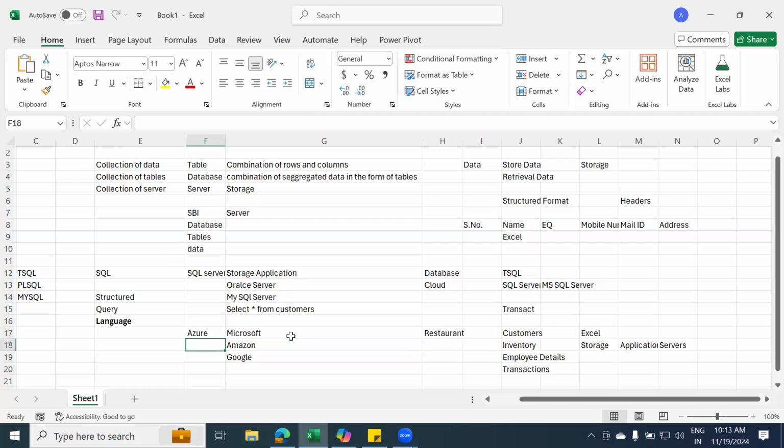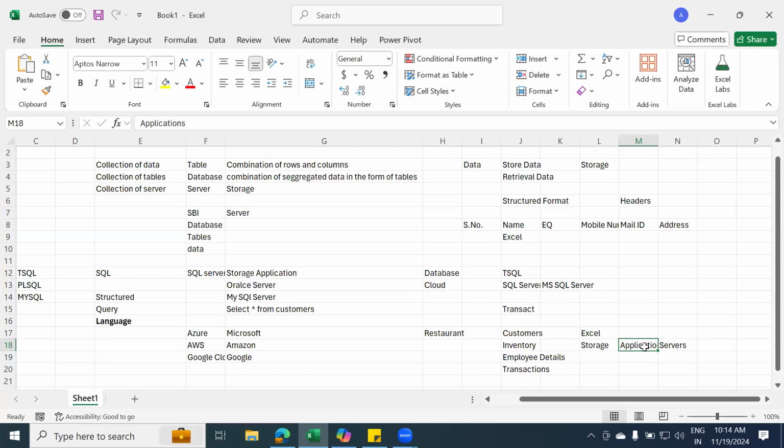And if it is provided by Amazon, we call this AWS, Amazon Web Services. And we have Google Cloud. Now what we are doing, we are taking space from these companies and we are storing all our information.